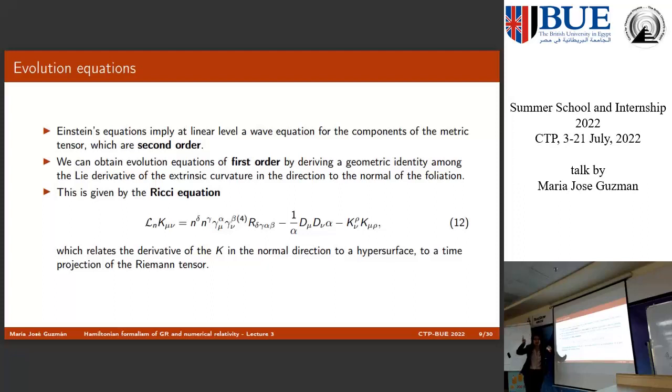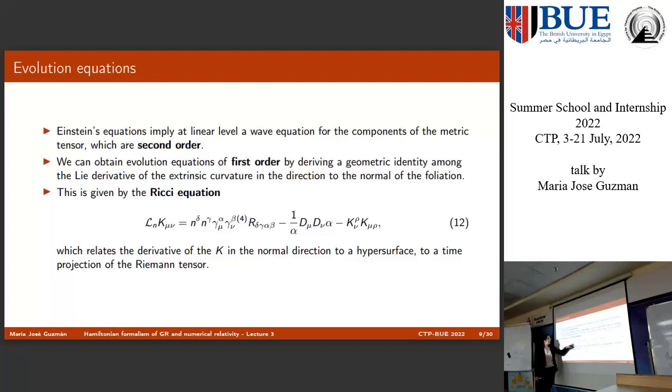Now we have isolated the constraints, and now we want to see what the real evolution equations are. What are the real dynamics of general relativity. And this we can find by computing the Lie derivative of the extrinsic curvature. I already showed you in the previous slide the Lie derivative along a vector.